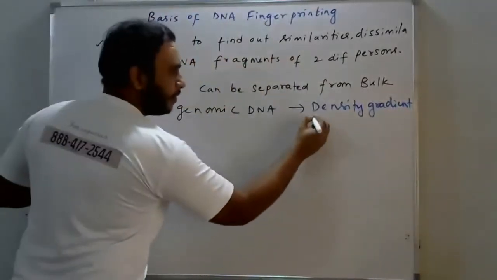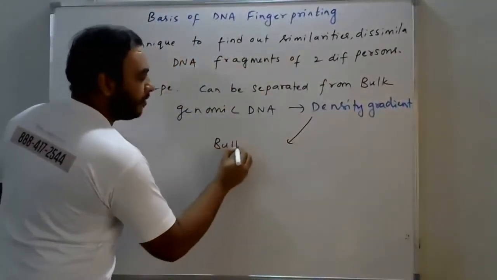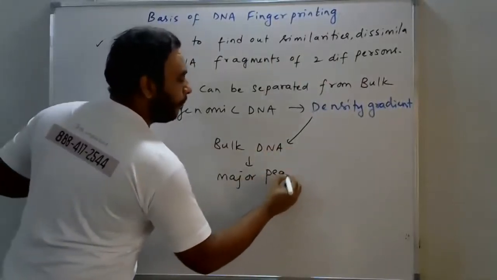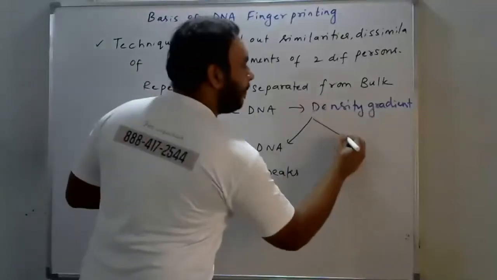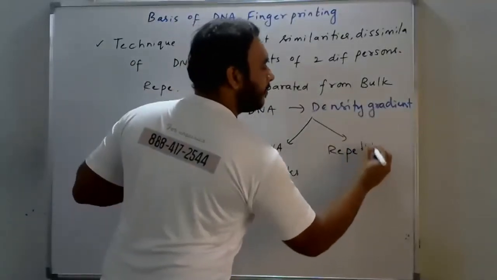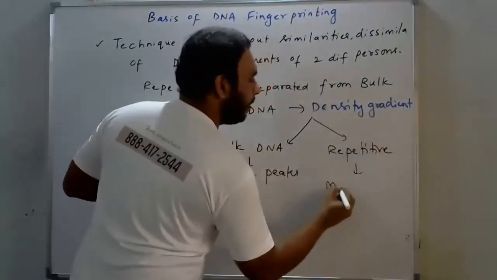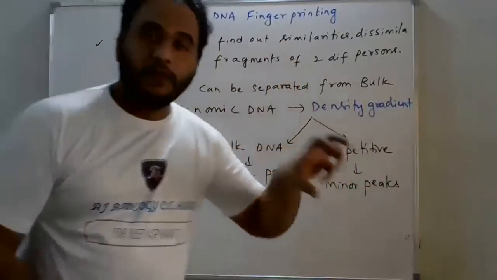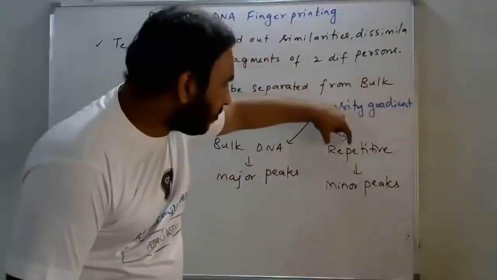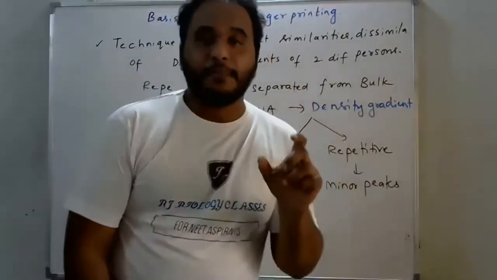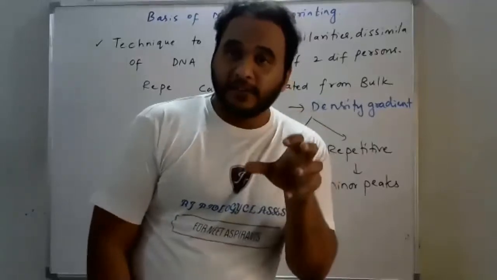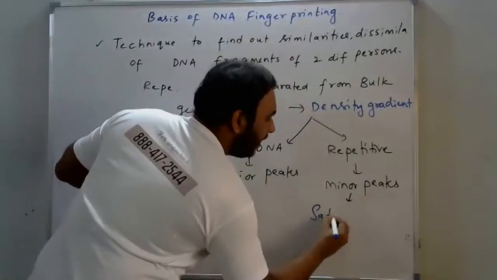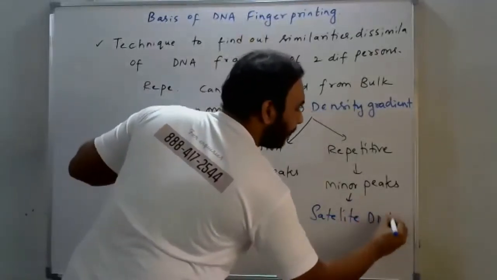After centrifugation, the bulk DNA will form the major peaks, and the smaller repetitive units will form minor peaks. These minor peaks, consisting of DNA, are called satellite DNA.